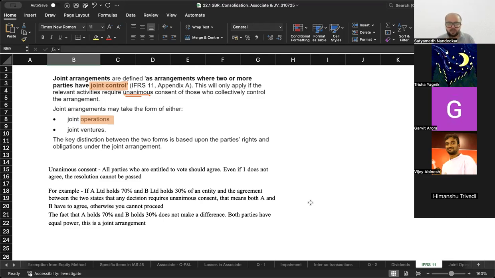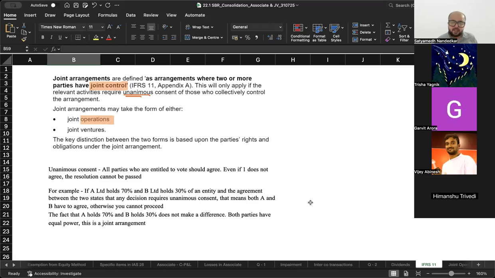If, for example, a decision requires unanimous consent from Satyamed, Vijay, and Garvit, then all three have to say yes. Even if one person says no, and the other two start arguing, "No, we have a two-thirds majority, so you will have to listen to what we say," that is not acceptable. If it is a situation of joint arrangement, then joint control is there, which means unanimous decision making will be required.